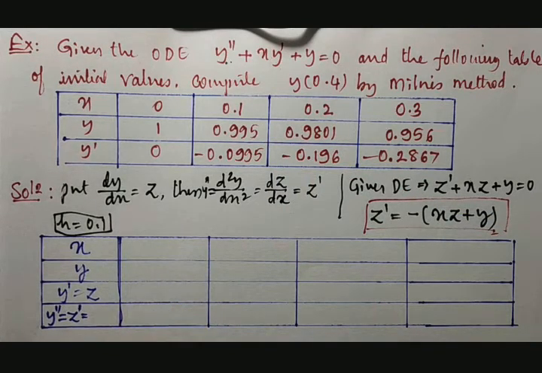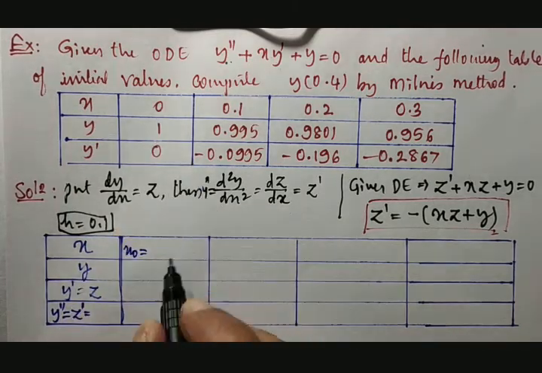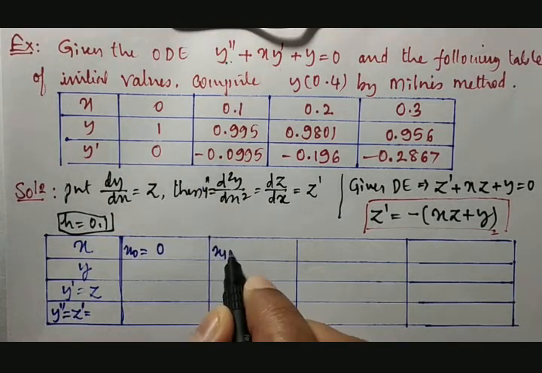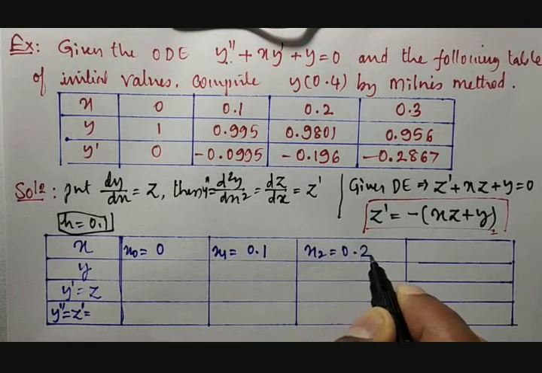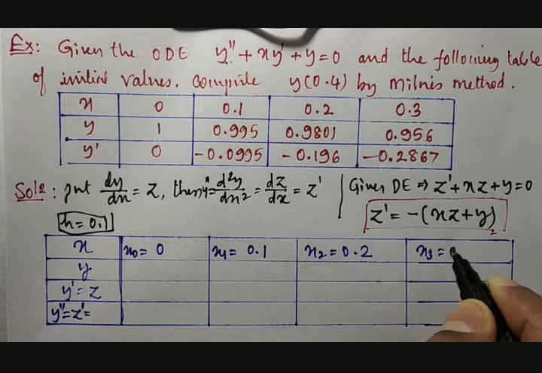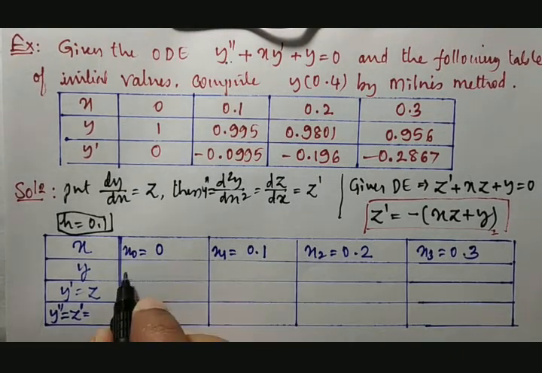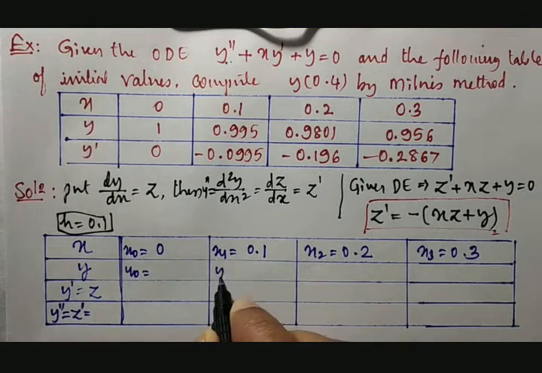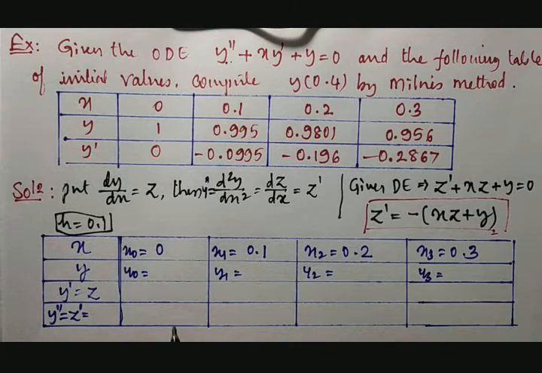Therefore, the given results will be put in a tabular column here. x0 is equal to 0, x1 is equal to 0.1, x2 is equal to 0.2, x3 is equal to 0.3. Similarly, y0, y1, y2, y3 are to be calculated.